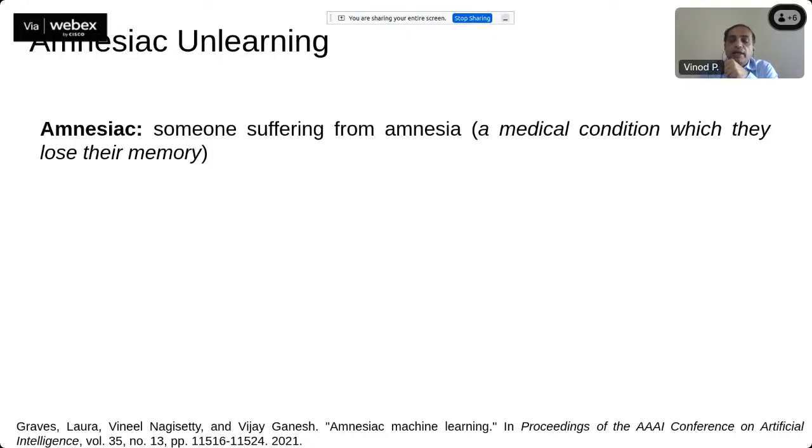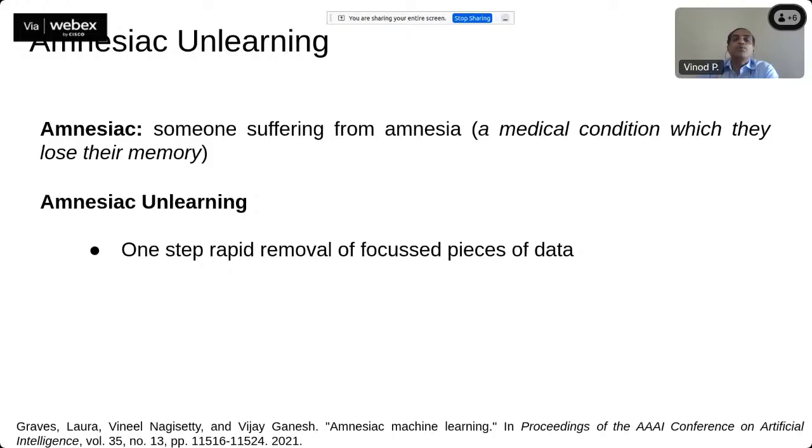Amnesiac unlearning is effective when we want to remove focused data points from the model. At this point, I would like to summarize two concepts. One is class-wise unlearning, where the objective is to unlearn a specific class.